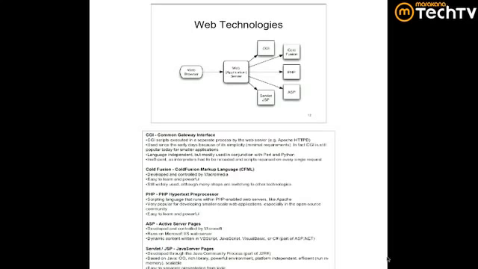So, for example, CGI, Cold Fusion, PHP, ASP, the .NET stuff, Ruby on Rails, and a lot of Python frameworks are out there. These are all different competing technologies.